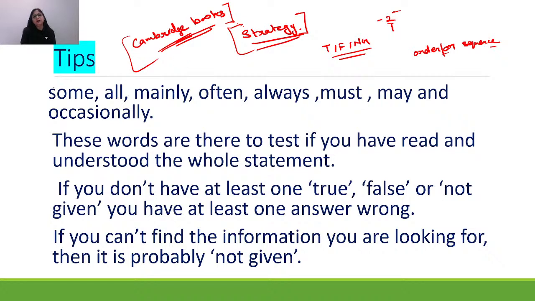Okay, so these words are there to test whether you have read the question and understood the whole statement or not: some, all, mainly, often, always, must, may, occasionally. There is a difference between, like, some and all. If I talk about these two words, there is a difference.